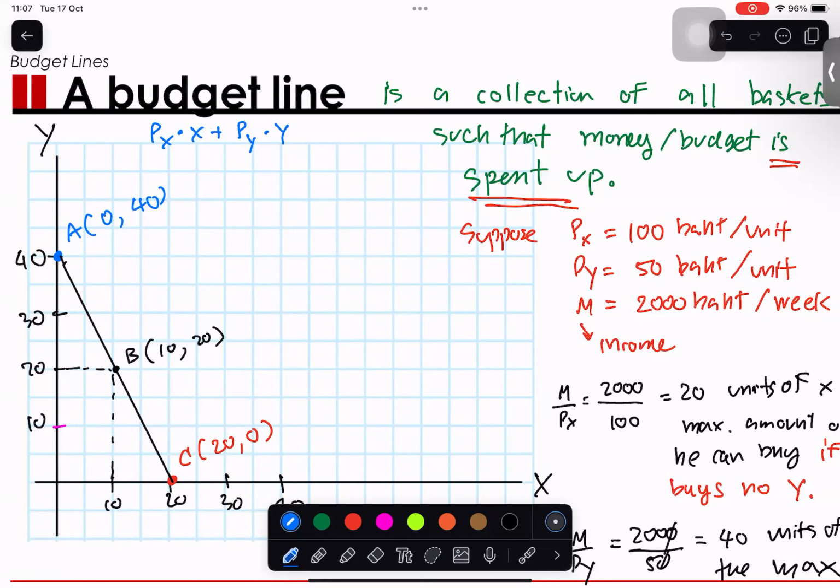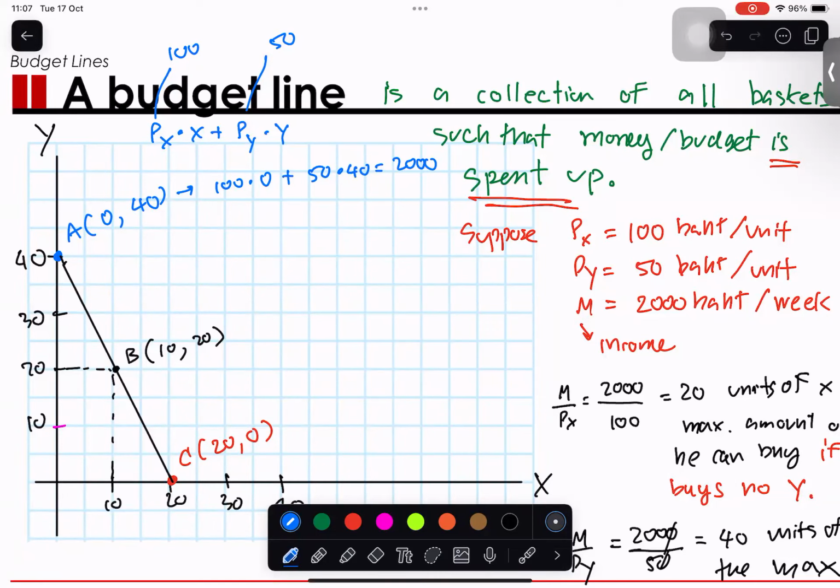Okay, let's do this. You know that PX, the price of pizza, is 100. PY, the price of Pepsi, is 50. Now let's plug the amounts into this equation to find total expenditures. Here, 100 times 0 plus 50 times 40, that's 2,000.